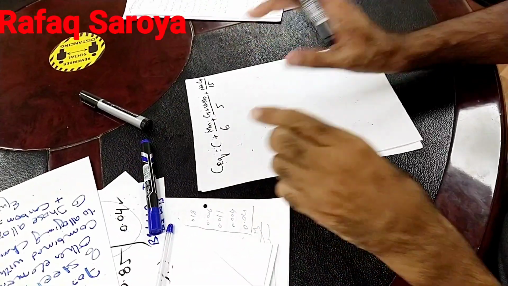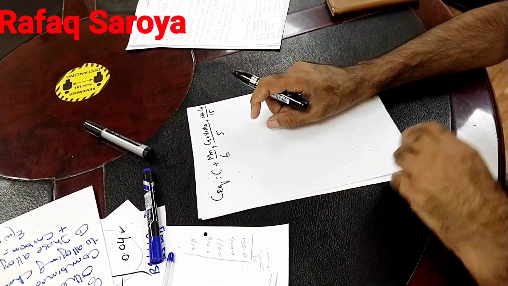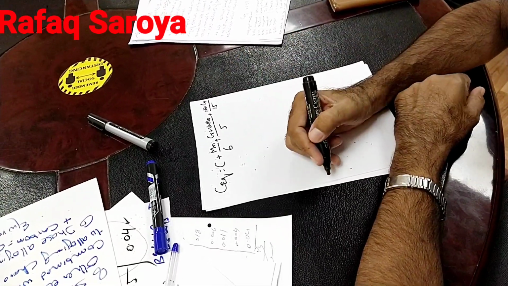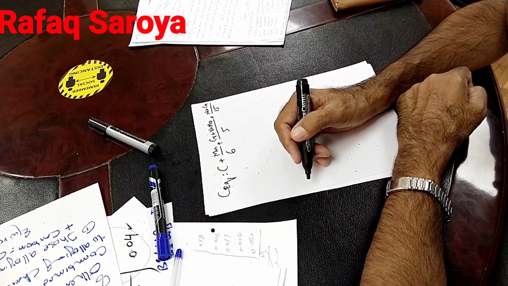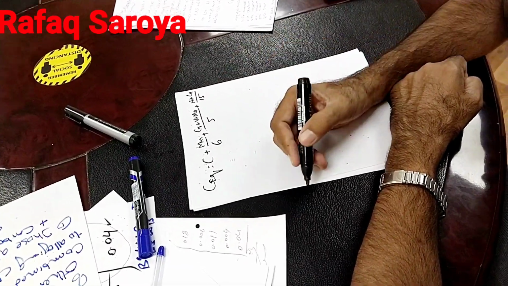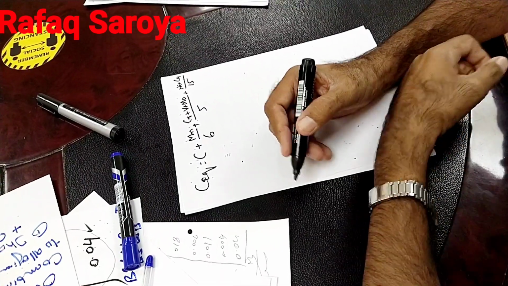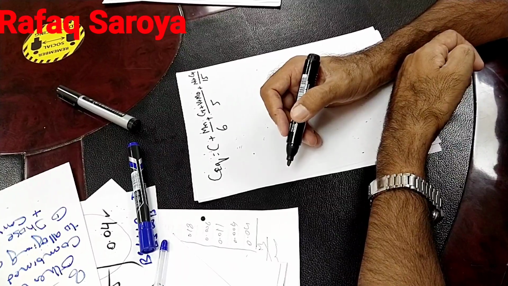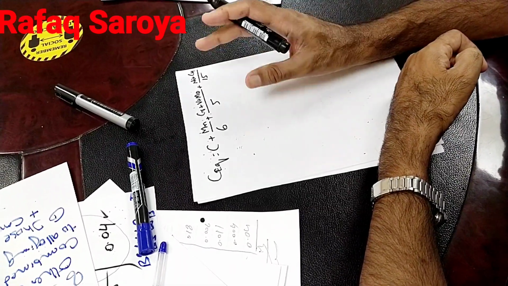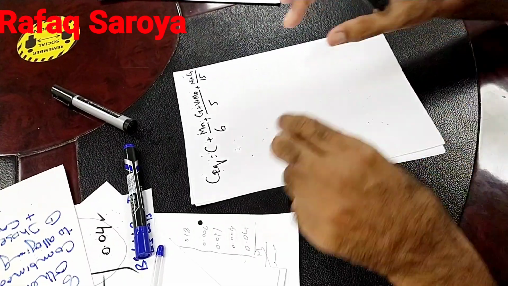You see, in this equation, C is for carbon, Mn for manganese, Cr for chromium, V for vanadium, Mo for molybdenum, Ni for nickel, and Cu is for copper.